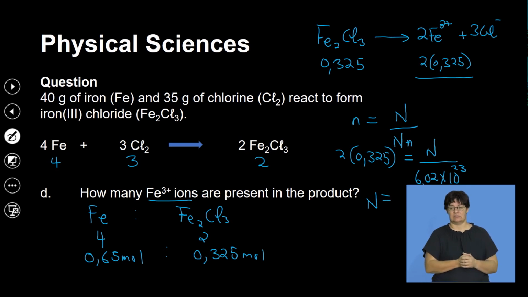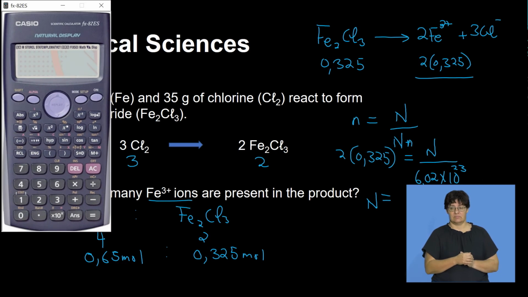So if that's the case, we would go to our calculator. What does it give us? It's actually a product. We can isolate the number of particles, which means it's 2 multiplied by 0.325, times the Avogadro number, 6.02 times 10 exponent 23.